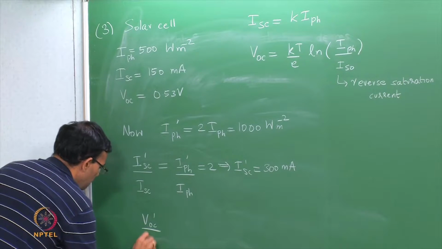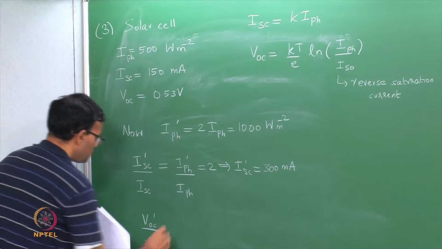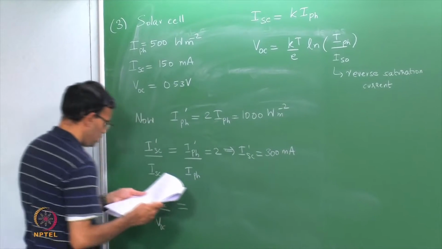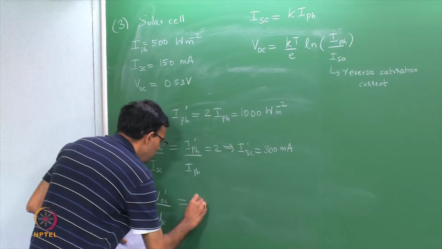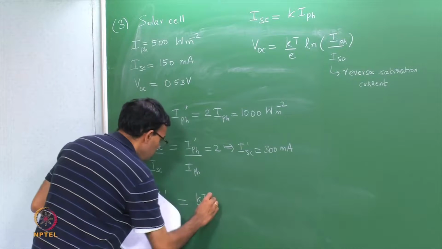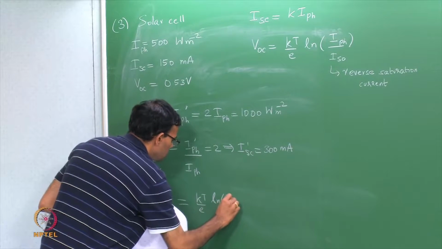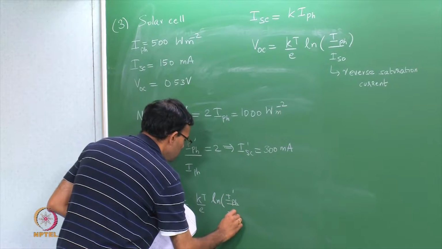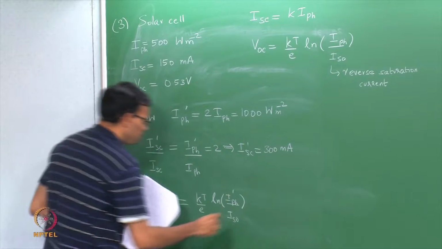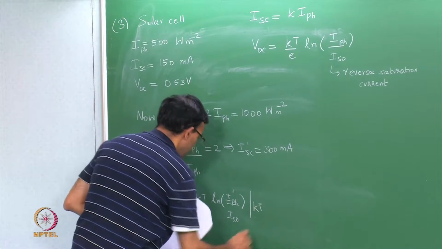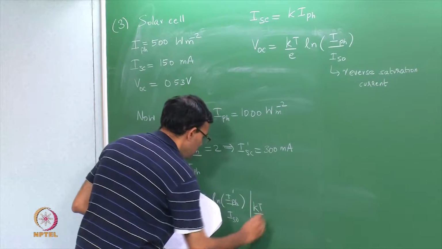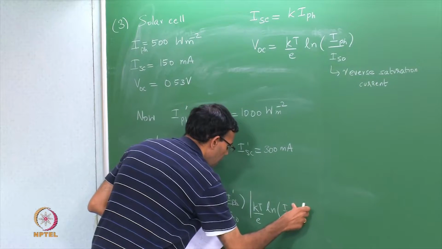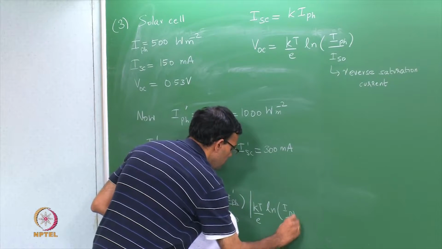So, VOC prime by VOC, again you are taking the ratio of these two quantities, kT over E ln of IPH prime by IS naught, over IPH by IS naught.